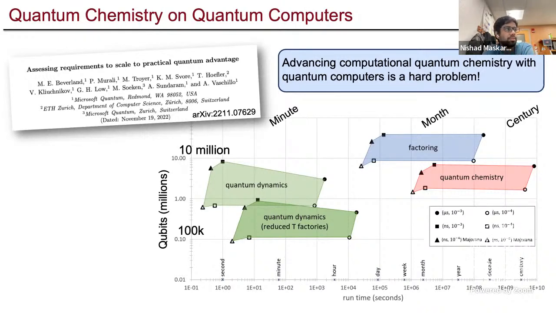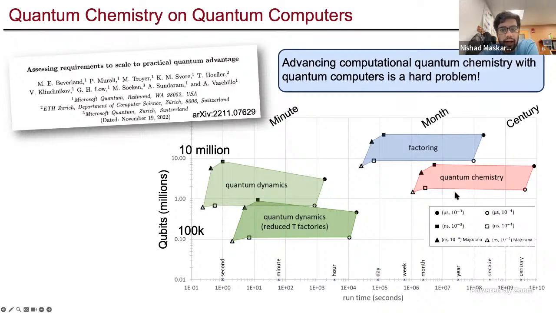Recently, some very nice resource estimates from the Microsoft quantum computing group have actually shown that, despite the fact that these scalings are in principle efficient, the actual costs for running current state-of-the-art algorithms might actually be prohibitively expensive.